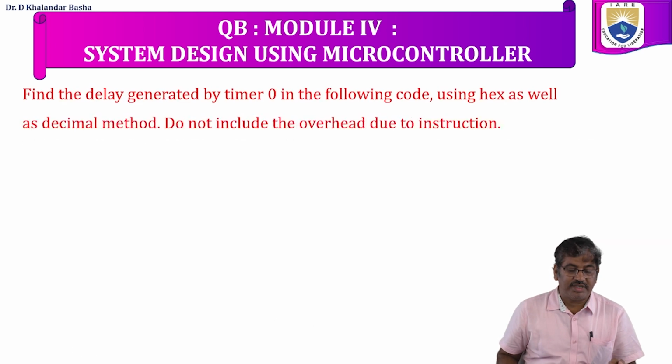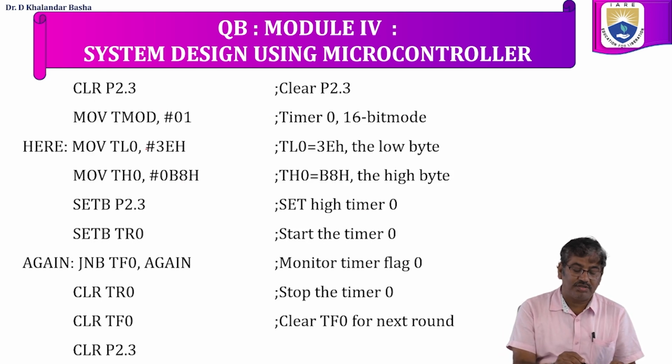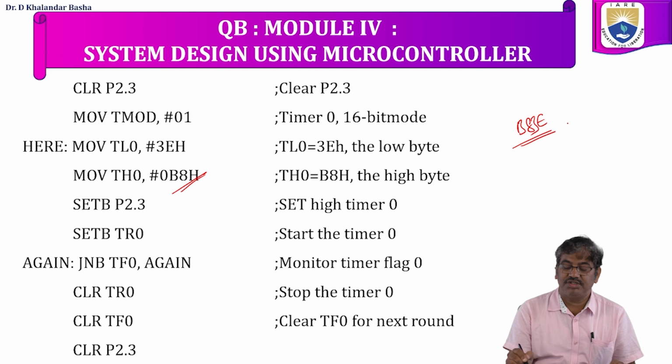So this is also a second problem statement in the same manner. Find the delay generated by timer 0 in the following code using XTAL as well as the decimal method. Do not include overhead due to instructions. So here also mode 0 is used. Timer 0 is used. The count we are going to load is B83H.